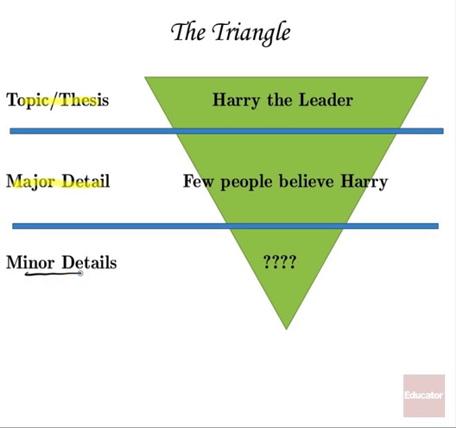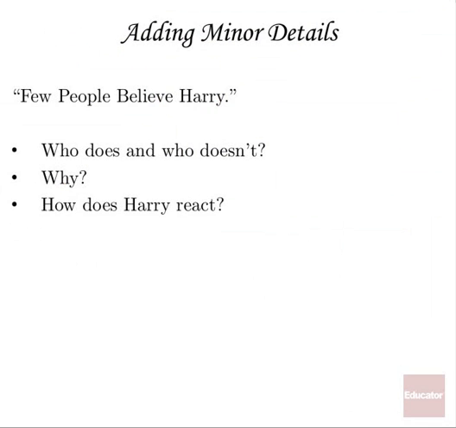Maybe I want to ask about who believes Harry and who doesn't believe Harry, and why people don't believe Harry. That'd be one good paragraph to start and explain why Harry rises to the challenge of leadership. So, few people believe Harry, who does and who doesn't, why, and how does Harry react?